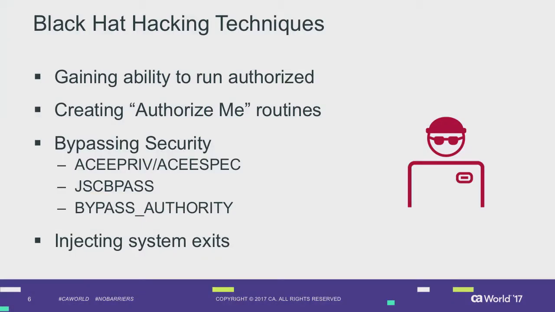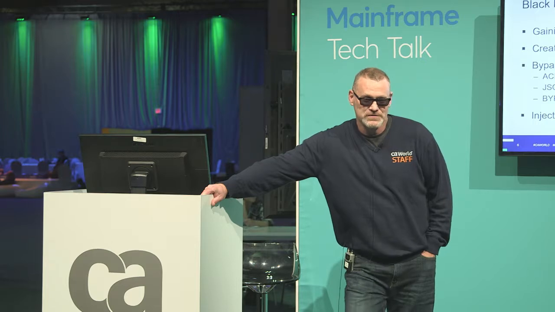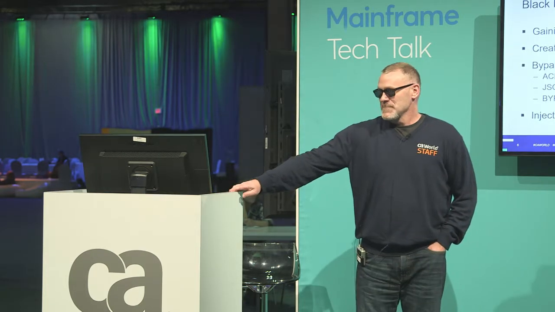All right, this is my passion area. So a little bit about myself. I am a reformed privileged user abuser. Ron Colmoni here taught me most of what I know.